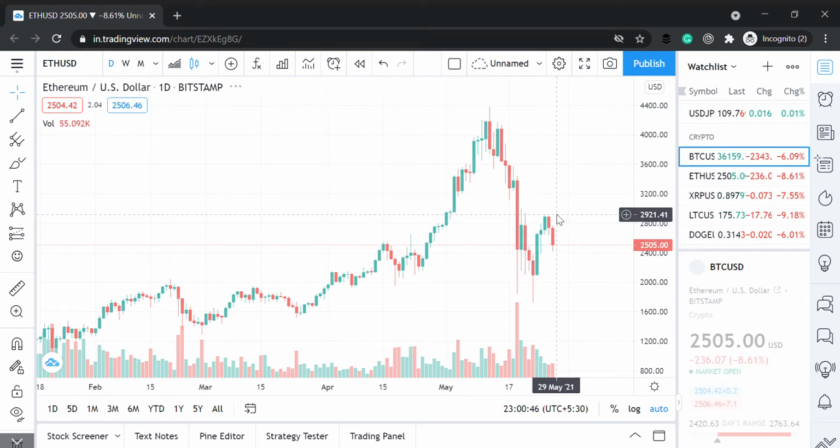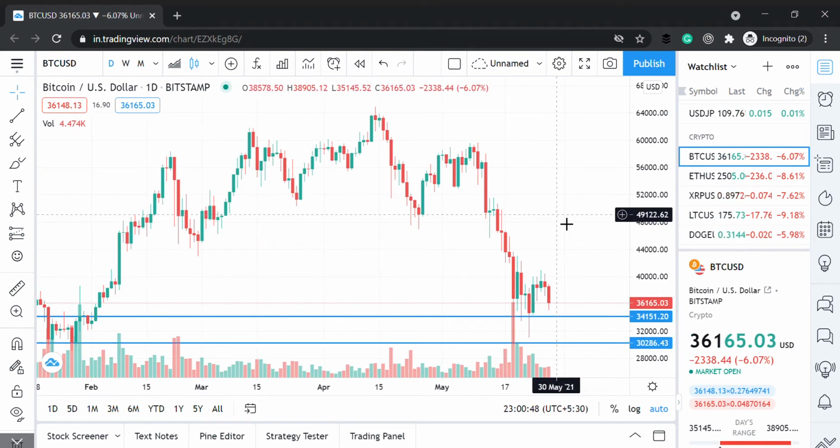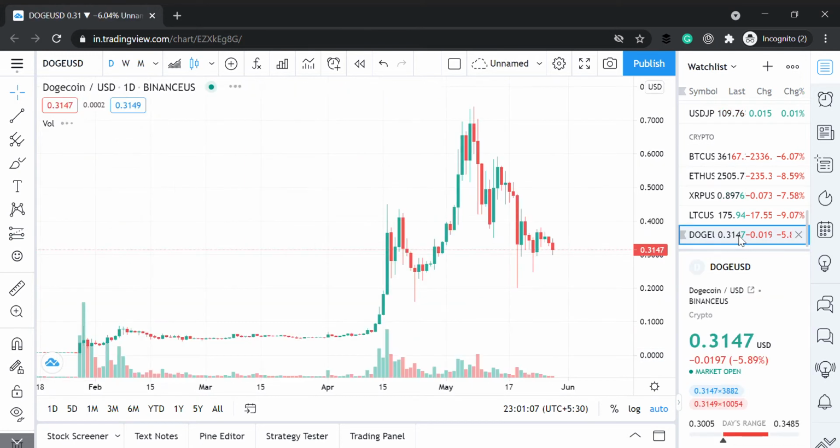And similarly, when we say Bitcoin, again there is a good correction with some good volumes when you compare with Bitcoin. As you can see, we have minus 0.06 percent. Bitcoin is down. And when you see Dogecoin, here you can see the volumes are very low.